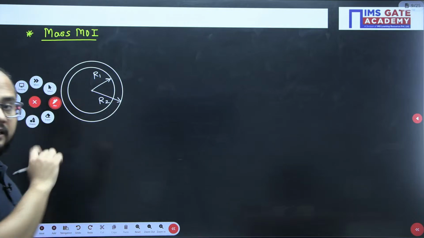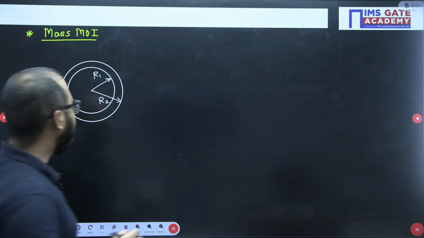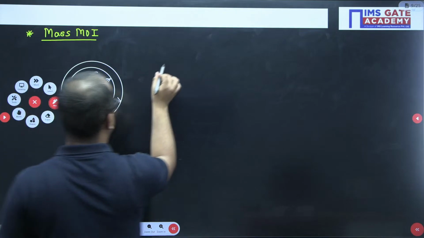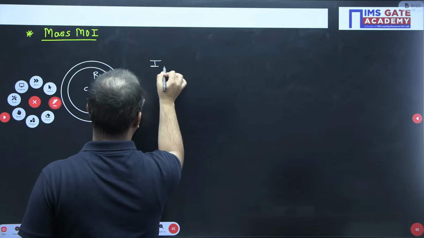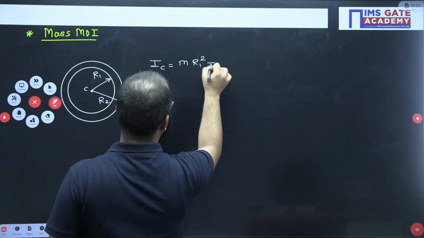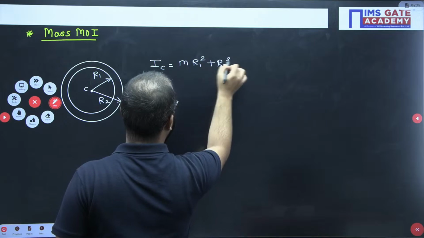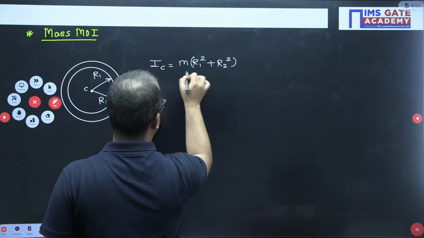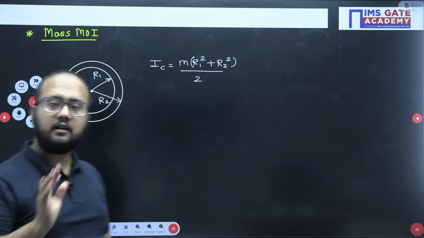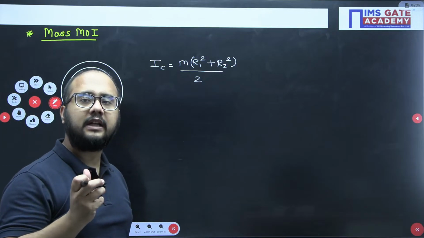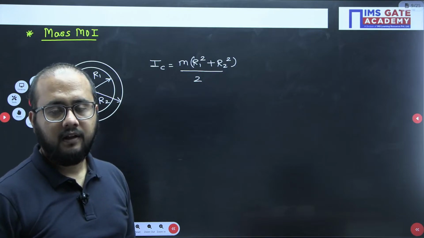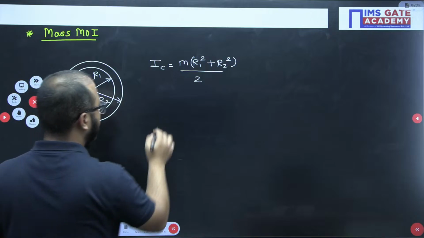In that case, what is the mass moment of inertia value about this center point? It is m times R1 square plus R2 square, divided by 2. Now let's suppose they have considered a ring where both the inner radius and the outer radius are equivalent.